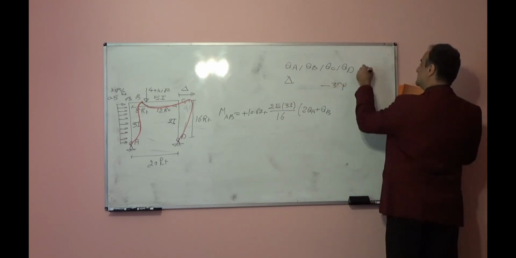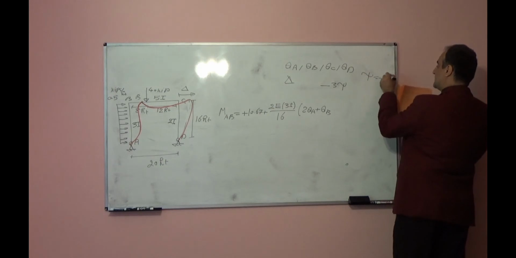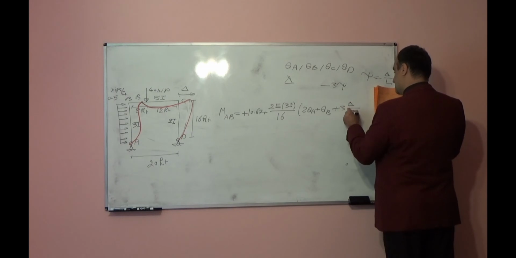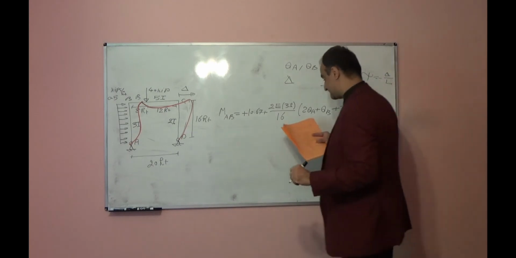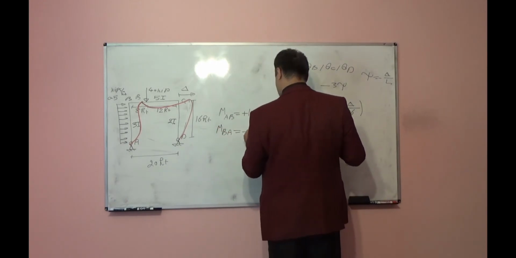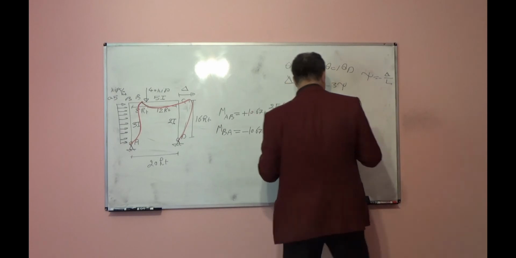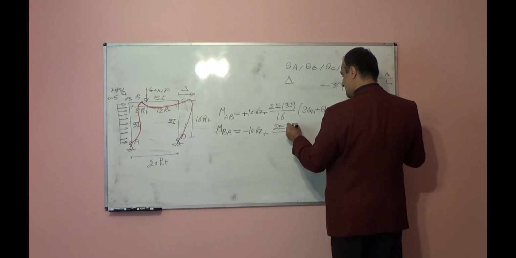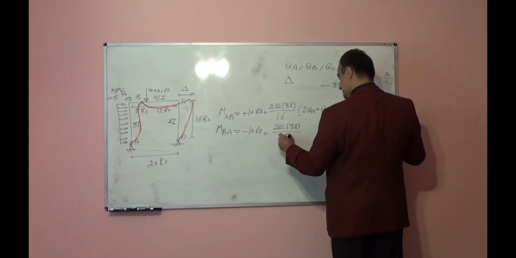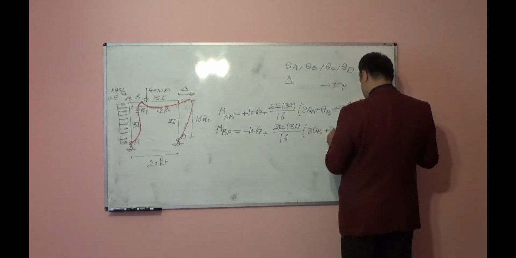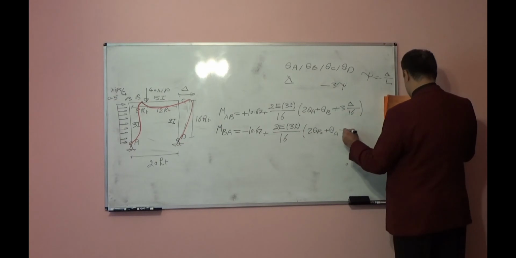Psi here is negative delta over L, so if I plug it in it will be plus 3 delta over 16. M BA will be equal to negative 10.67 plus 2E times 3I over 16, 2 theta B plus theta A, again plus 3 delta over 16.